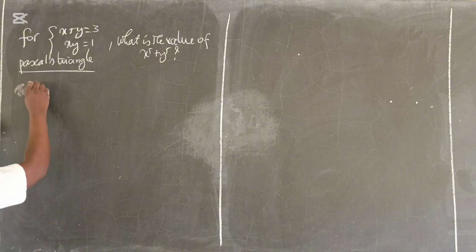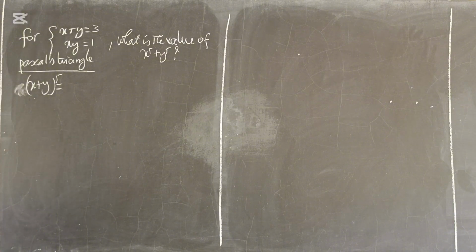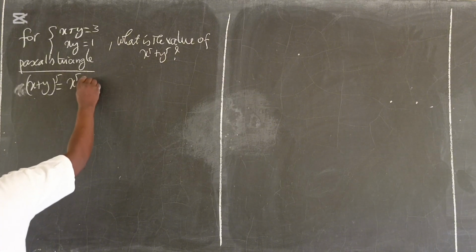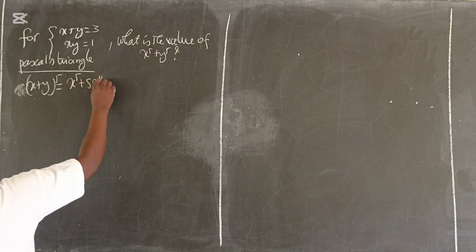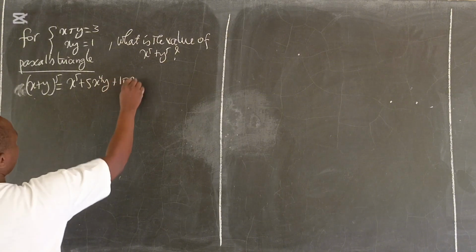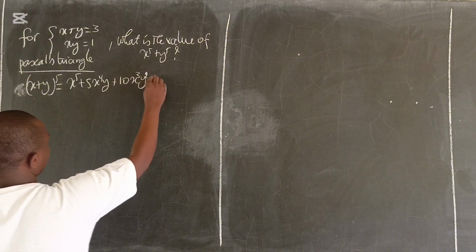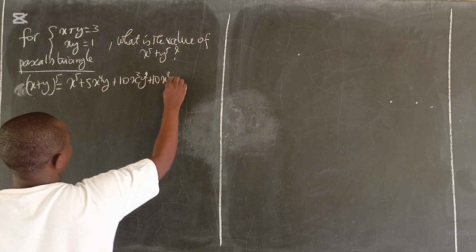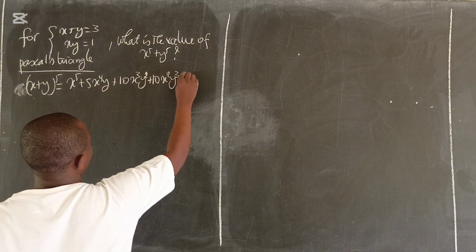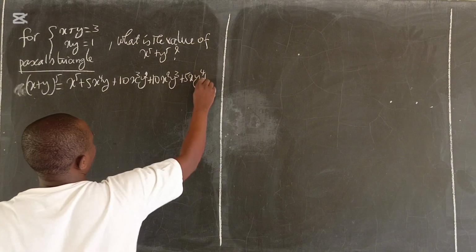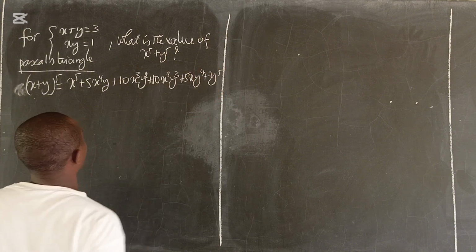(x plus y) power 5 is equal to x power 5 plus 5 x power 4 y plus 10 x power 3 y power 2 plus 10 x power 2 y power 3 plus 5 x y power 4 plus y power 5.